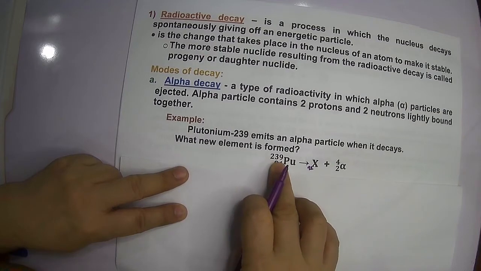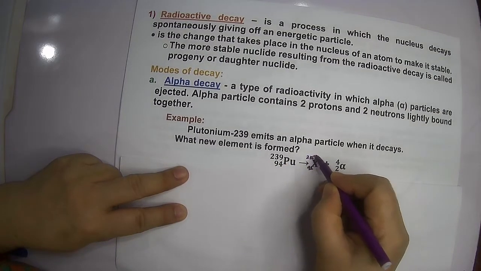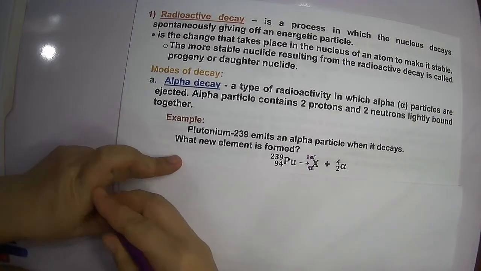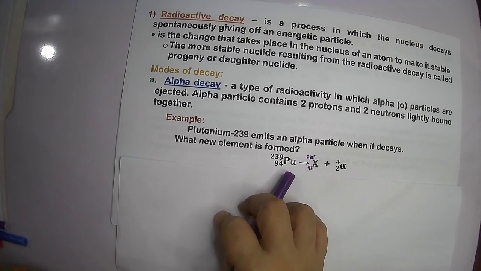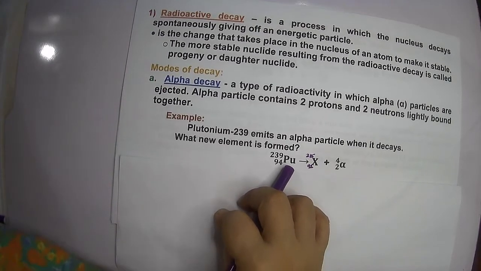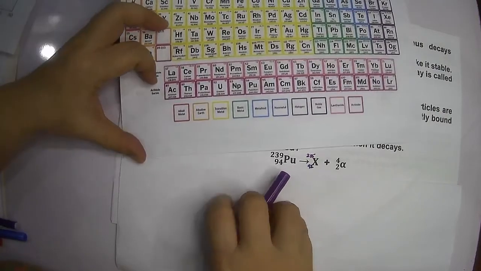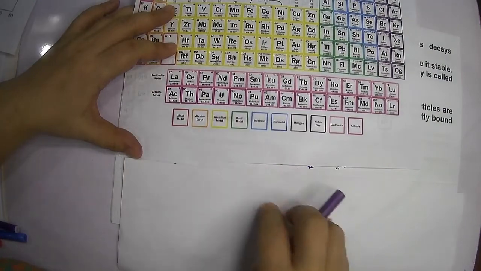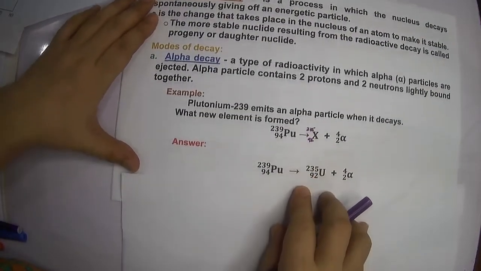Then 239 minus 4, that is 235. So if you refer to your periodic table, the element number 92 is uranium. So X is uranium with a mass number of 235.